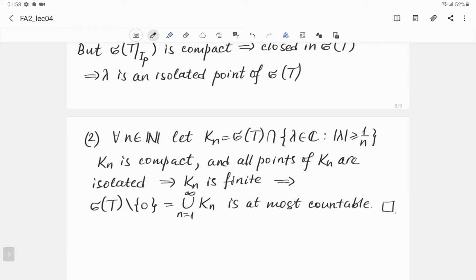So the spectrum of each compact operator is at most countable. All non-zero points in the spectrum are eigenvalues of finite multiplicity, and the only point of the spectrum which is not necessarily an eigenvalue is 0. By the way, if we assume that our space is infinite dimensional, then of course 0 is always in the spectrum, because a compact operator is not invertible.